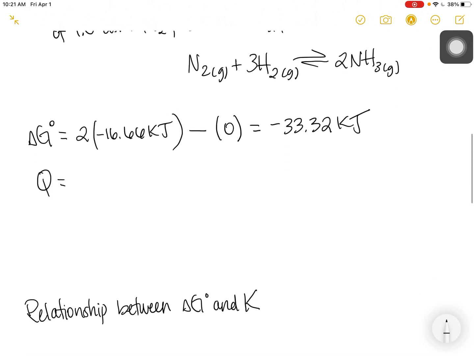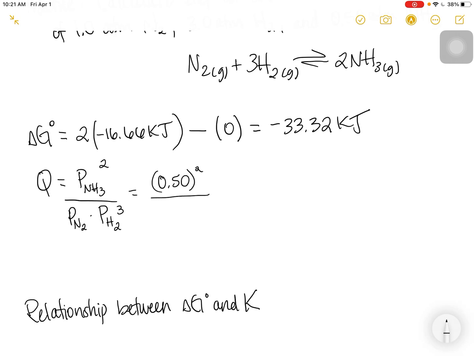So the next thing we need to calculate is the Q value, which, remember, is written like K, so the partial pressure of my products raised to their coefficient over my reactants. I plug in my numbers, and we get a Q that is quite small.